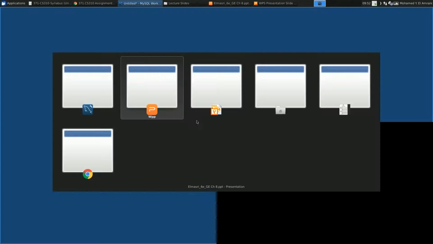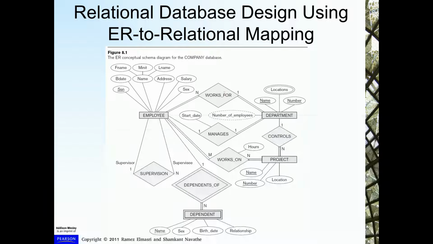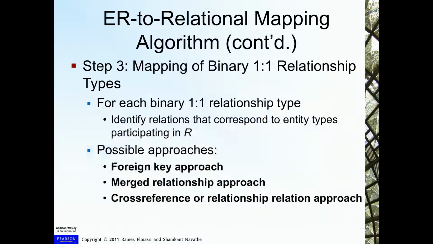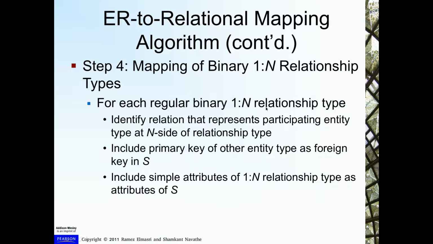So again, when we have one to many, then we need to identify the relation that represents the participating entity type of n side, and then include the primary key of the entity as a foreign key in the other one. I mean, that s here is confusing.